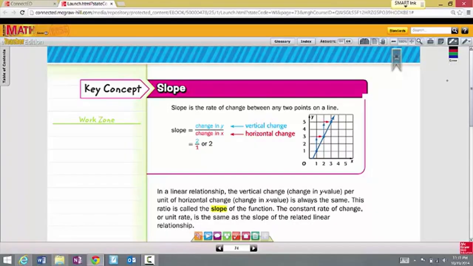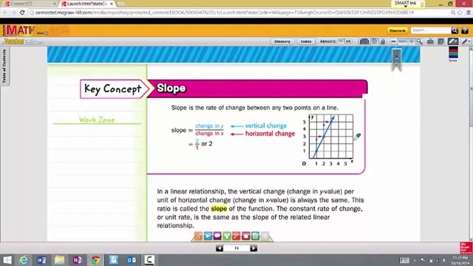Your parents would refer to that as your rise over your run. I'm not a big fan of that because when you do rise over run, you're counting and you can miscount, or when you are counting, you have to also keep in terms of remembering whether it is positive or negative. And when you calculate, you don't have to worry about that, because when you calculate, you will calculate whether it's positive or negative. So I'm a bigger fan of the calculation.